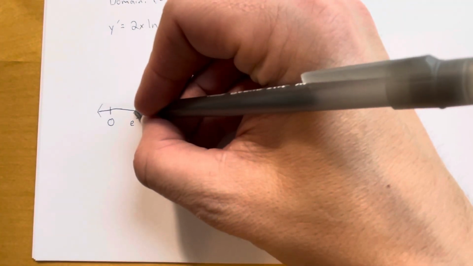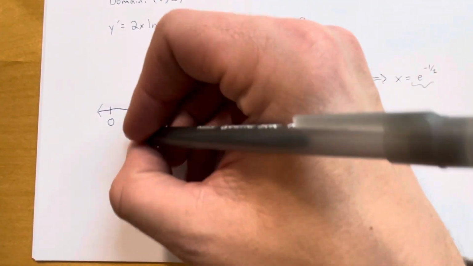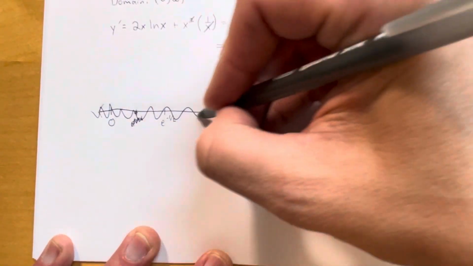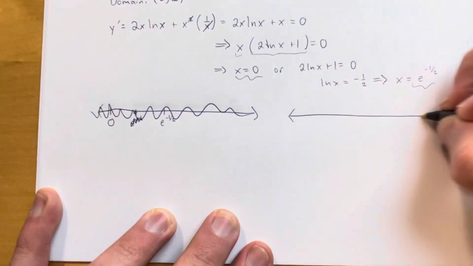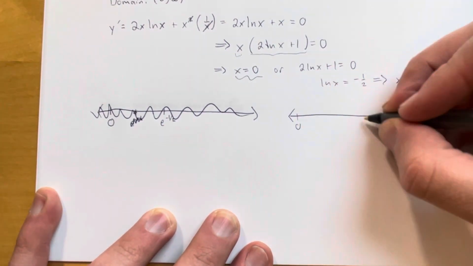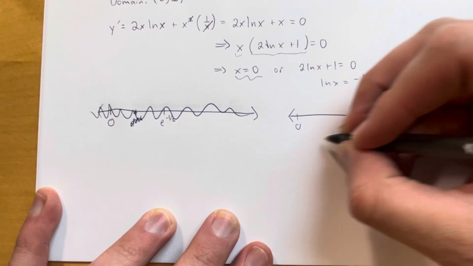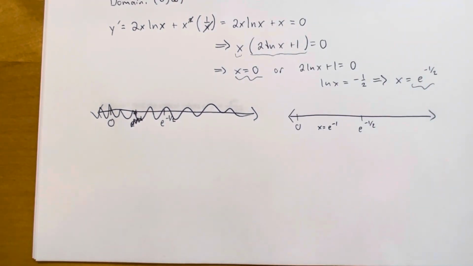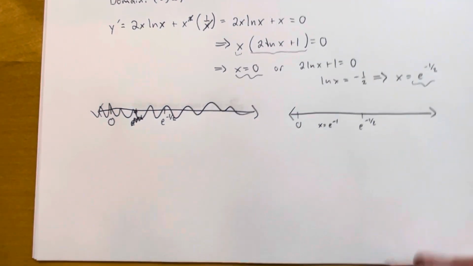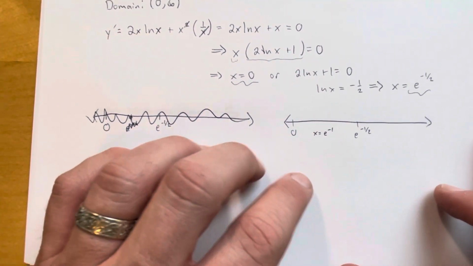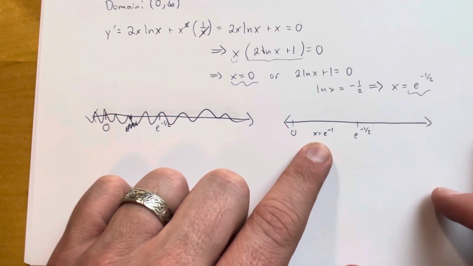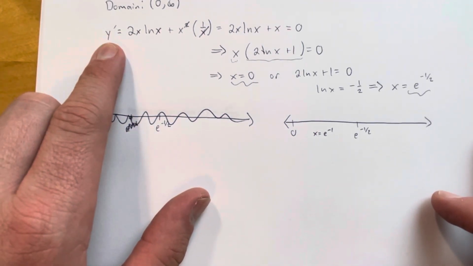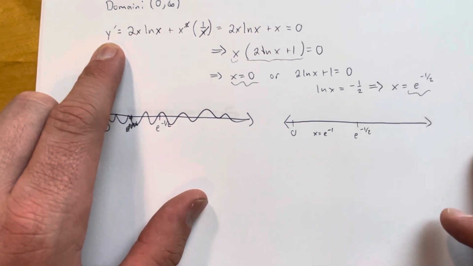Okay, and actually I should not have written it that way. Here, I'm going to redo my sign chart over here. Put 0 over here, e to the negative 1/2. To be consistent, I should have written it this way. Sorry about that. Okay, so let's think about what that would be. I'm plugging e to the negative 1 power into my derivative to determine if it comes out positive or negative.